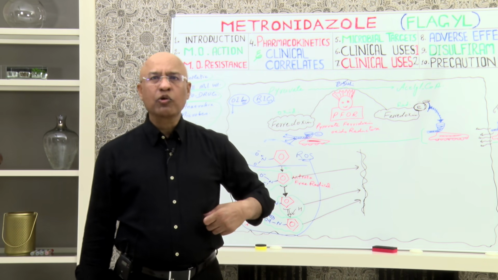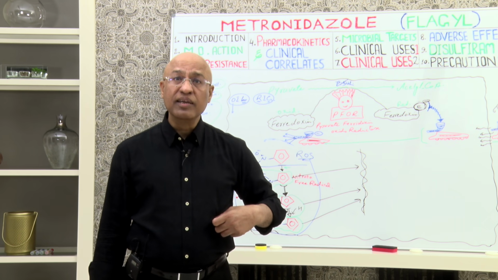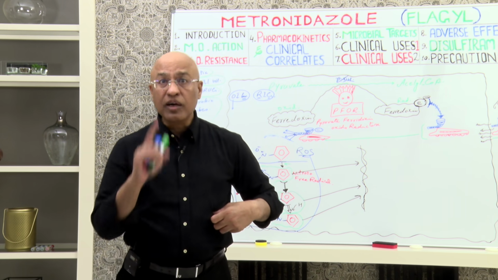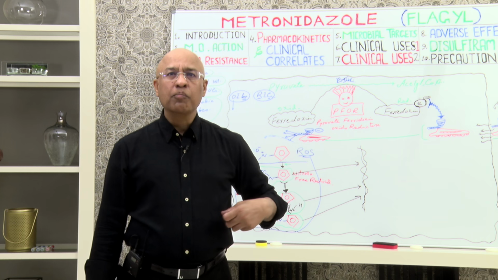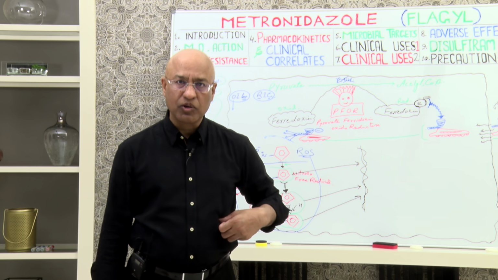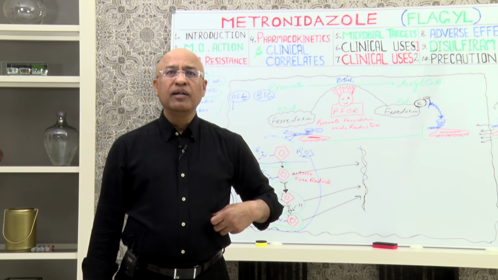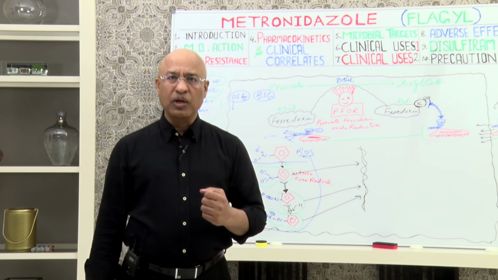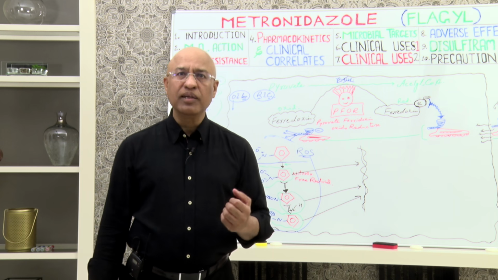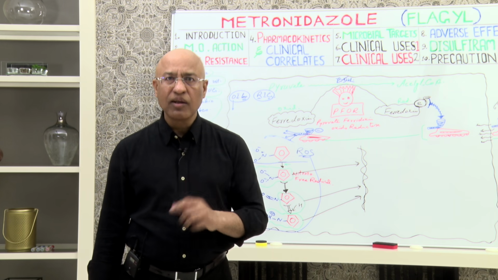Number one, Helicobacter pylori, right? In some studies, up to 30% of the Helicobacter pylori isolates are found to be resistant to metronidazole. And another organism in which resistance to metronidazole is relatively common is Trichomonas vaginalis.